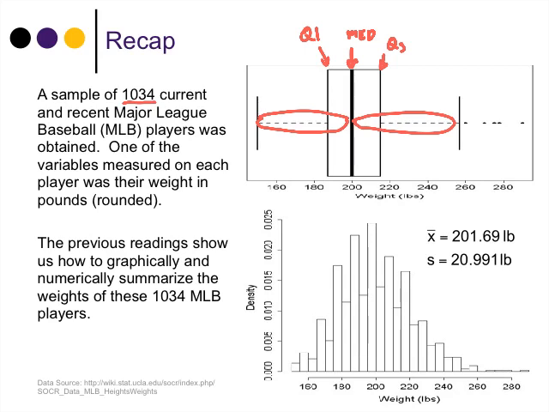Recall that this bar here is Q3 plus 1.5 times the interquartile range, and all these dots here are deemed to be outliers. Notice that we have no outliers to the left. So that's just a way of recalling how to read a box plot.